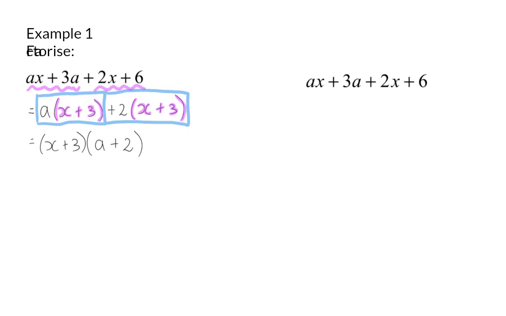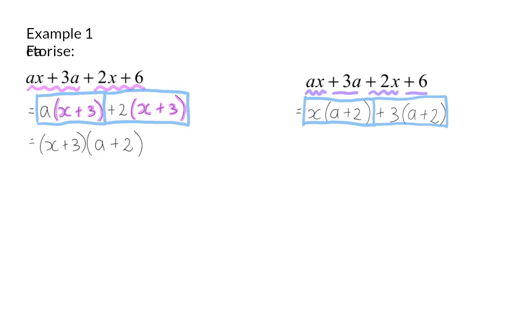You could also have chosen to put ax and 2x in the same group because they both have an x, and then your second group would be 3a plus 6. In my first group, the common factor is now x, and once removed I'm left with a plus 2, and in my second group the common factor is 3, and I'll also be left with a plus 2.